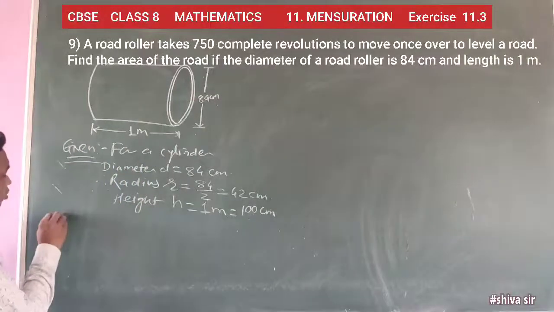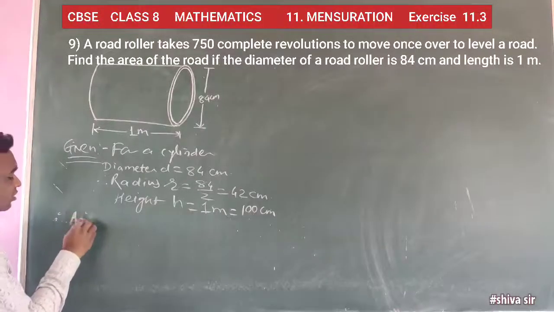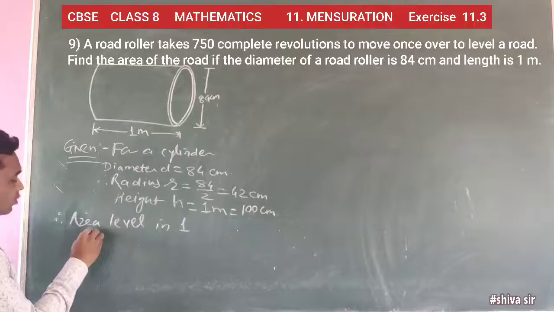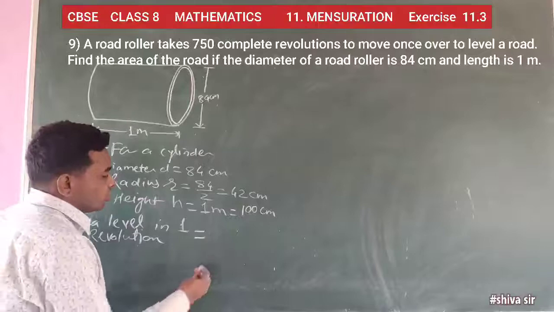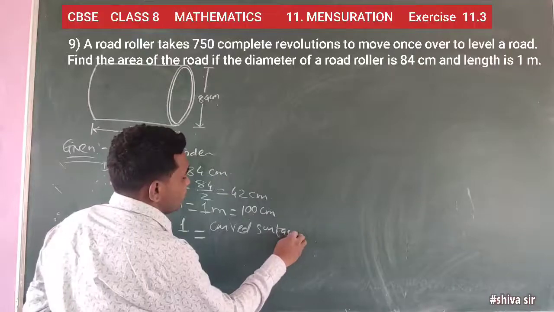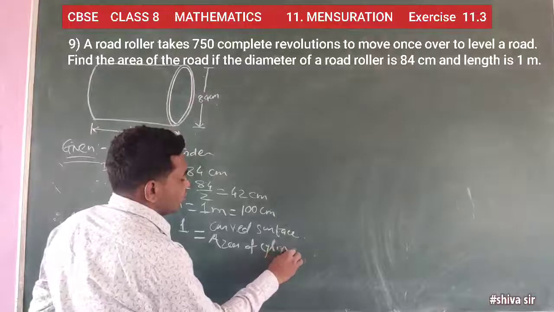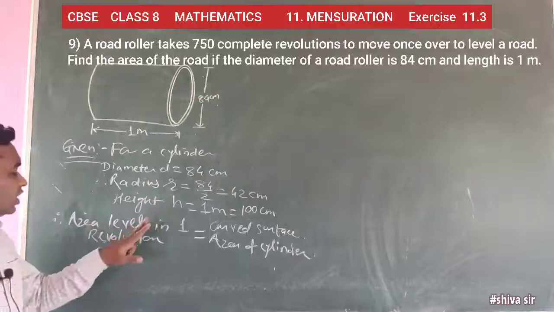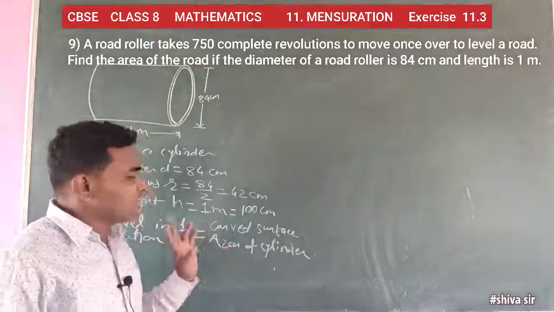That means the area leveled in one revolution is equal to the curved surface area of a cylinder. Understand? Area leveled in one revolution means the curved surface area of a cylinder.